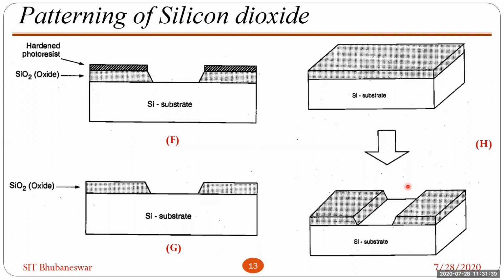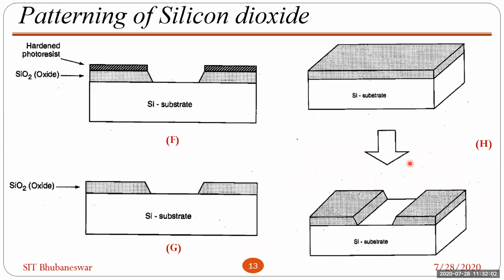Finally we will get the bottom part of this figure. This is nothing but the patterning of the oxide. That means you create a channel, where you will put the gate. This is the patterning process.